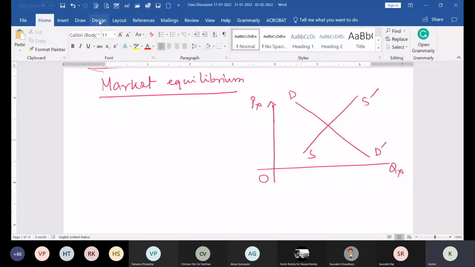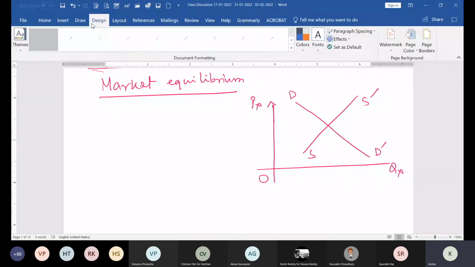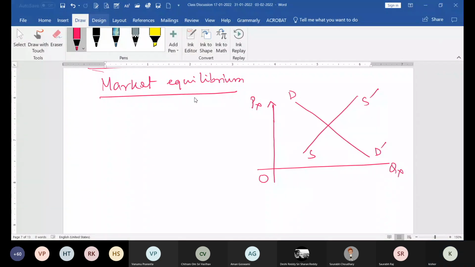Now here, market equilibrium would refer to a state in the market where quantity demanded will be equal to quantity supplied. Here in this case, at this particular price, suppose P1, and this quantity, suppose Q1, quantity demanded is equal to quantity supplied.